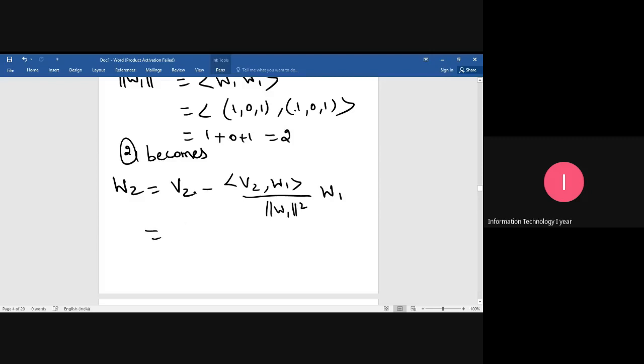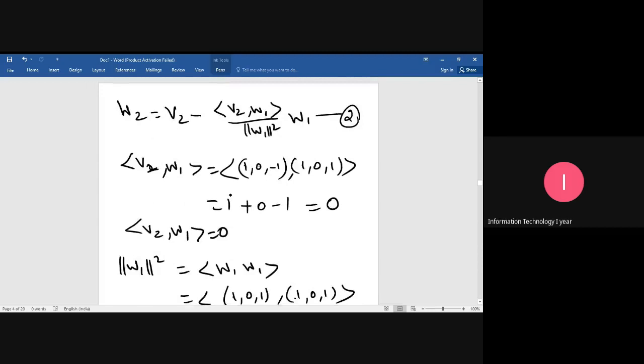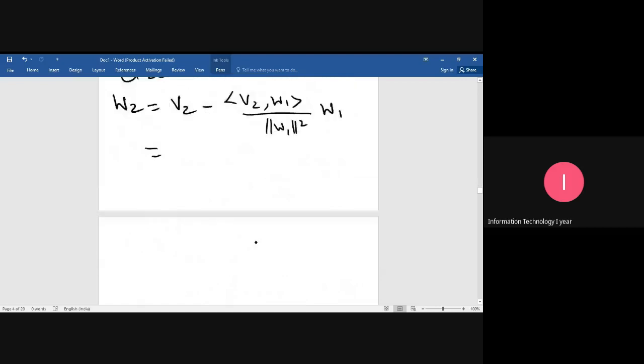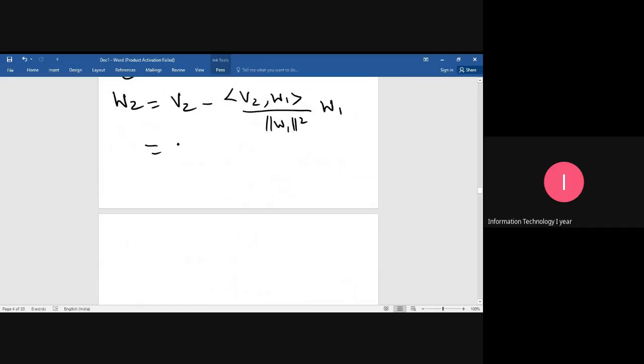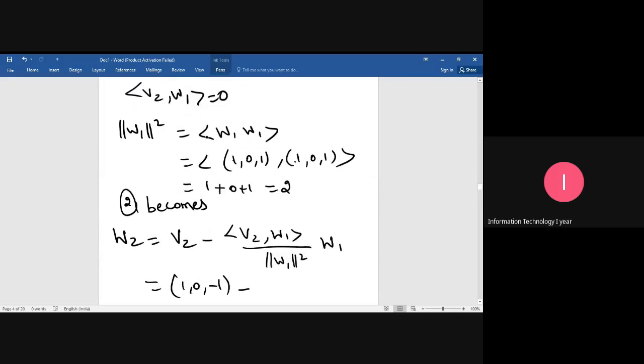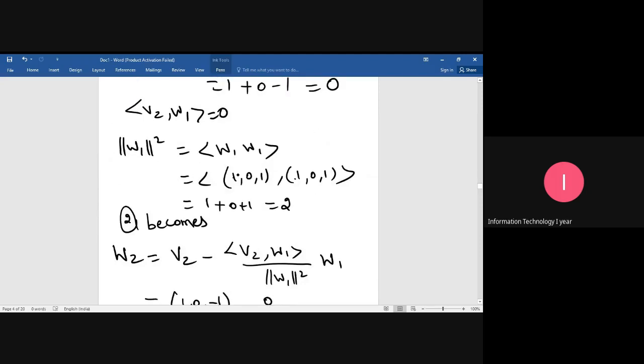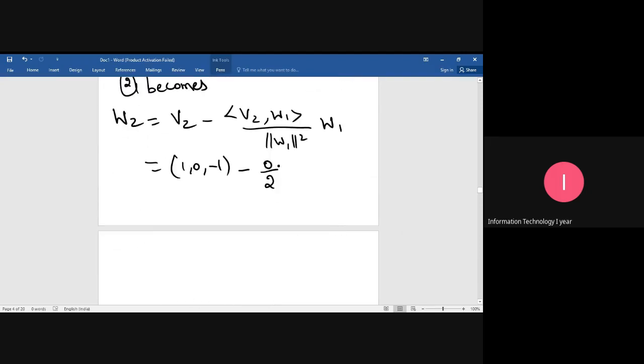Substituting V2, which is 1 comma 0 comma minus 1, minus the inner product of V2 comma W1, which is 0, divided by norm W1 square, which is 2, into W1, which is 1 0 1. Actually 0 into that vector is 0 only, but I have written the value.